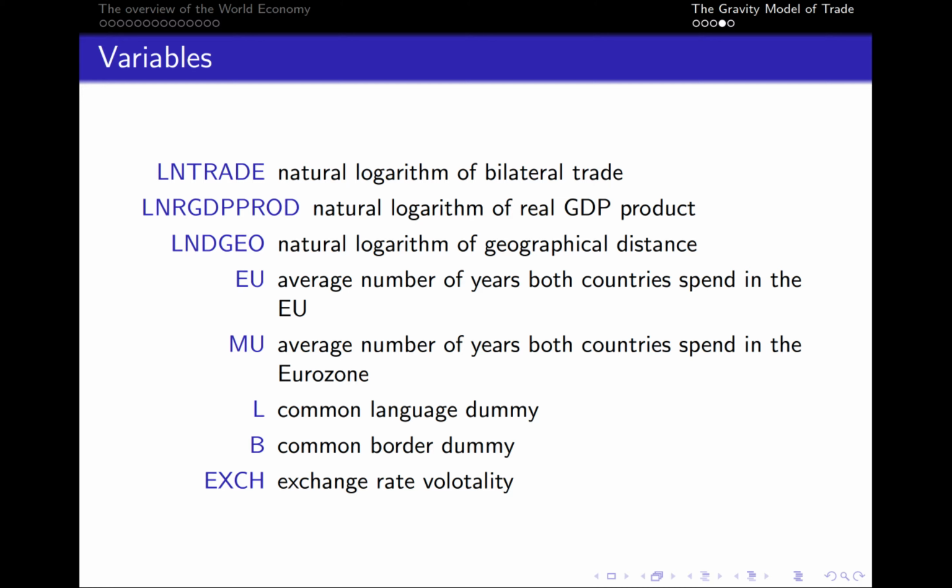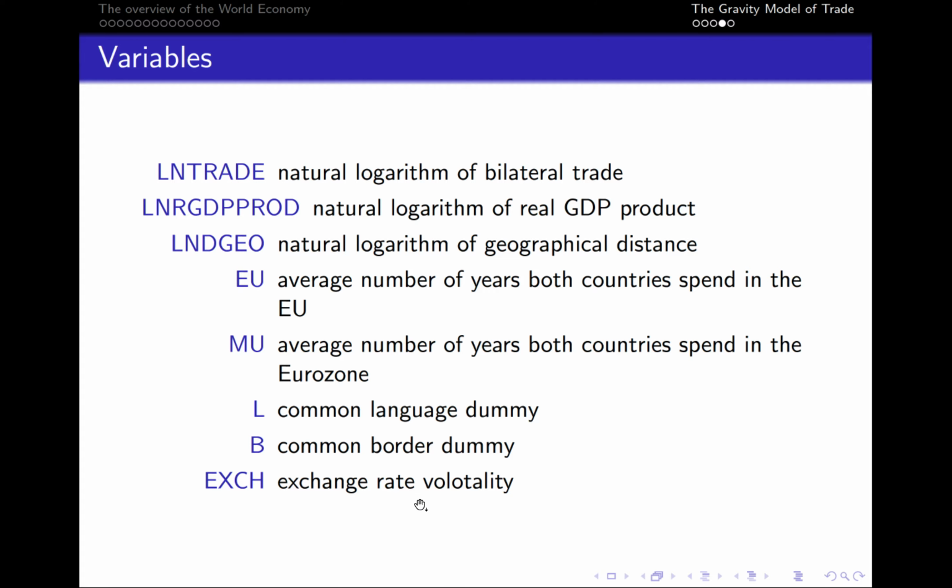Then another thing that can impact trade, which is very understandable, is exchange rate volatility. And actually, I've been using here two proxies for exchange rate volatility. The one that you see at the bottom is just calculated.